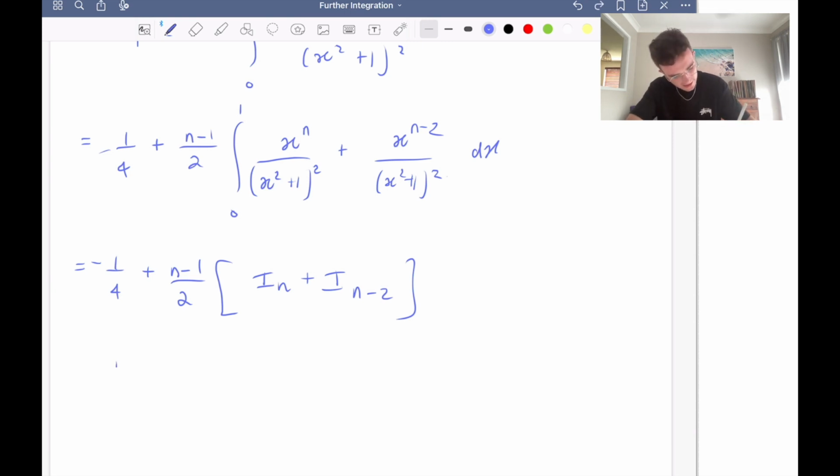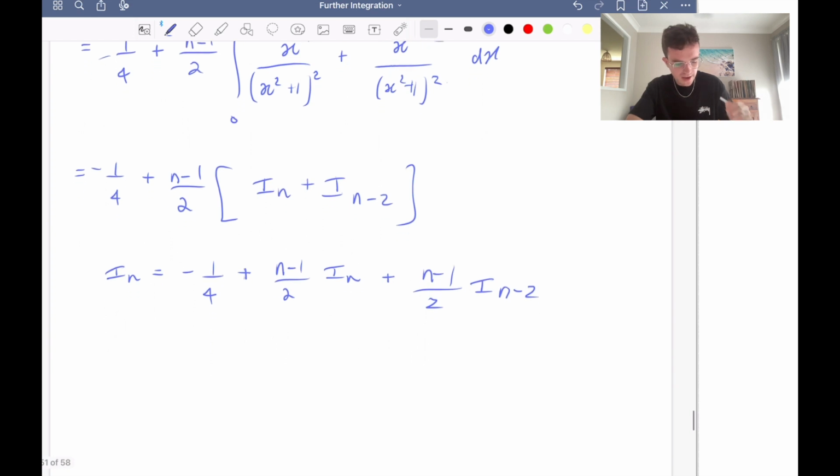So I_n is equal to minus 1/4 plus n minus 1 on 2 times I_n plus n minus 1 on 2 times I_(n minus 2).